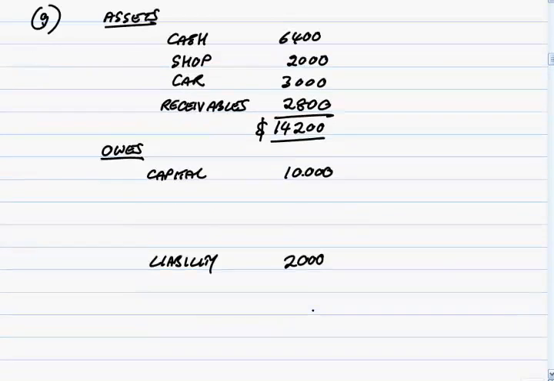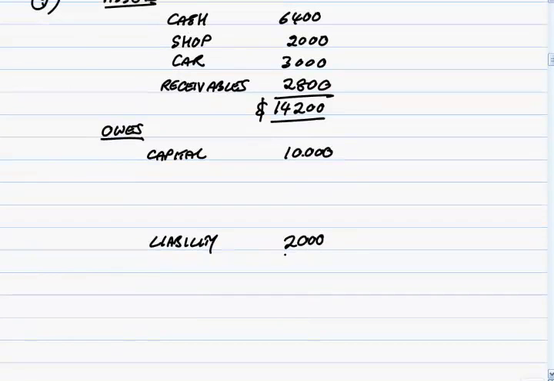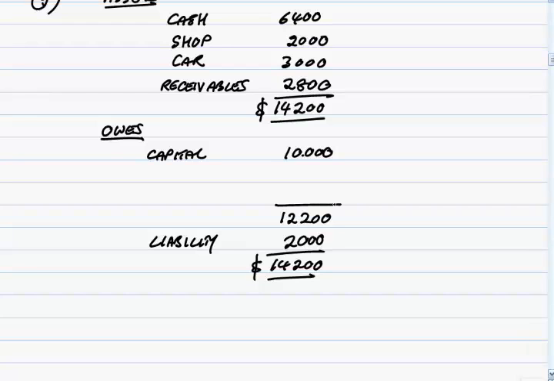Whatever happens, if the business has assets of 14,200, then in total they must owe 14,200. We know 2,000 is owed as a liability, and so the remainder, the missing figure of 12,200, must be owed to the owner.